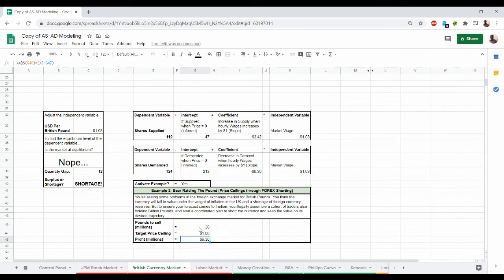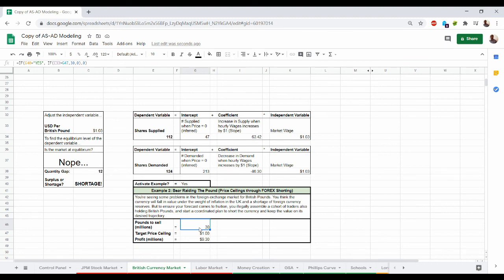what happened is that effectively through the bear raiding process, through short selling, the traders, you sold 30 million pounds at $1.31 and then pushed the price of the pound down to roughly $1, which leaves you with a difference that, when multiplied over the amount of pounds you sold, leaves you with a profit of about $9.3 million.